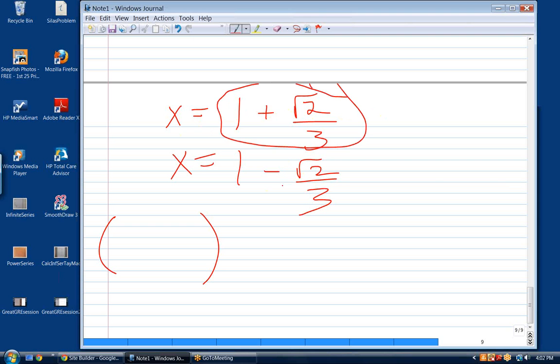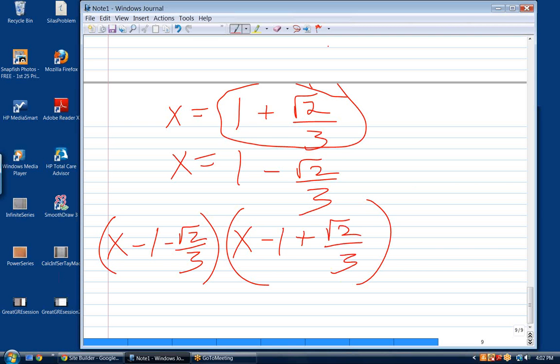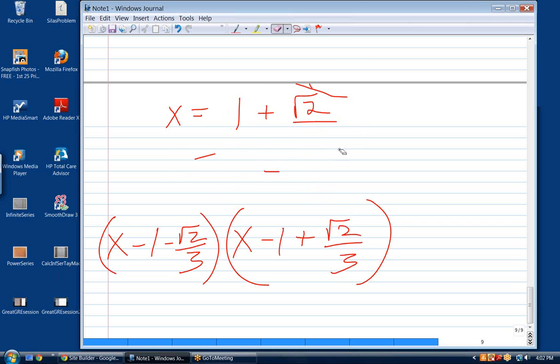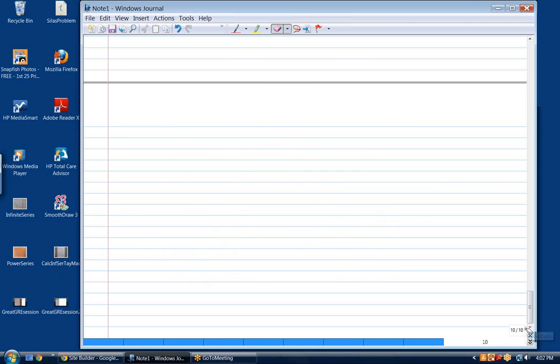So then it would be x minus 1 minus the square root of 2 over 3, times x minus 1 plus the square root of 2 over 3. Okay. Multiply them out again.